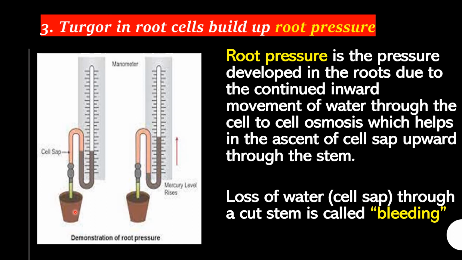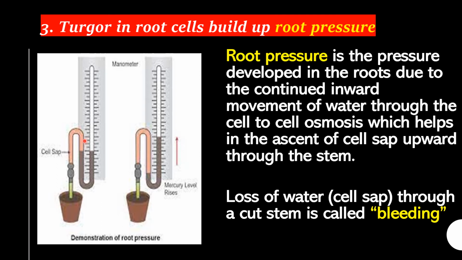If you cut a well-watered pot plant a few centimeters above the soil and immediately fix a glass tube by means of a rubber connection, water will start coming out of the cut end. Here you can see this cell sap coming out of the cut end and rising up in the glass tubing.